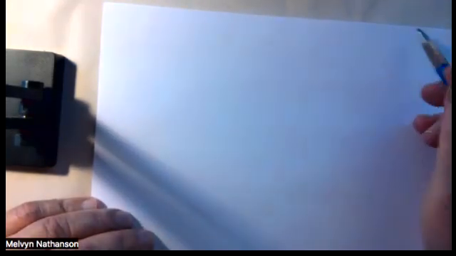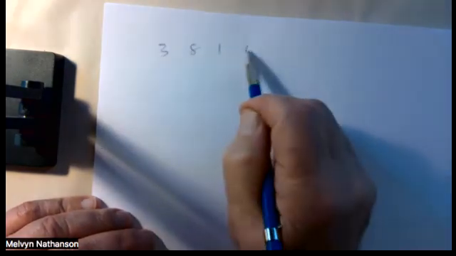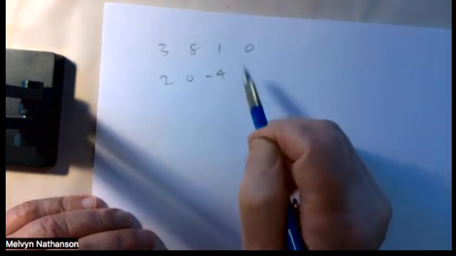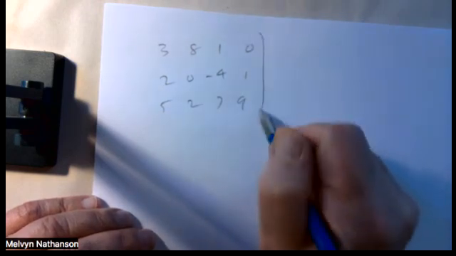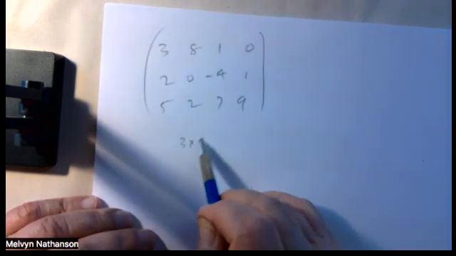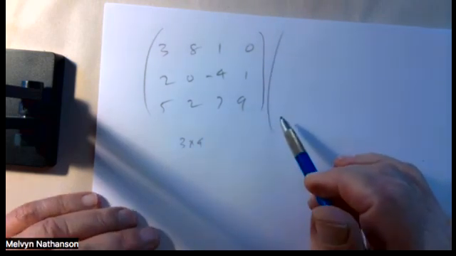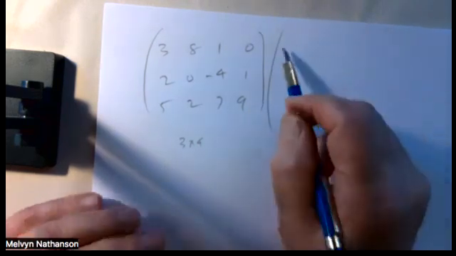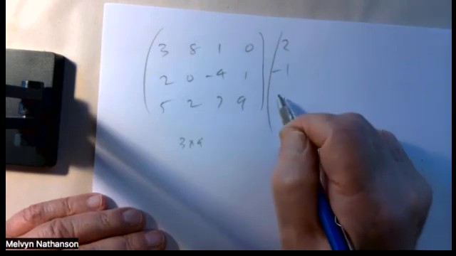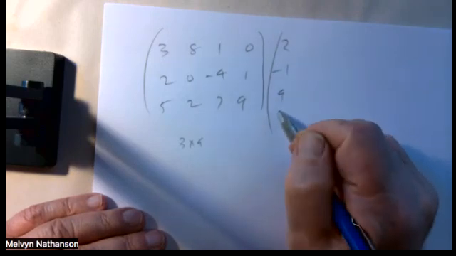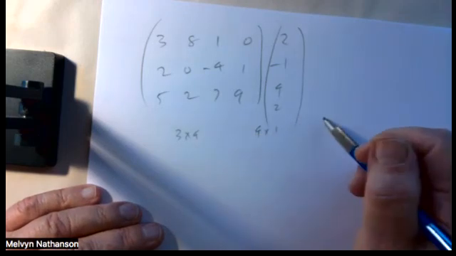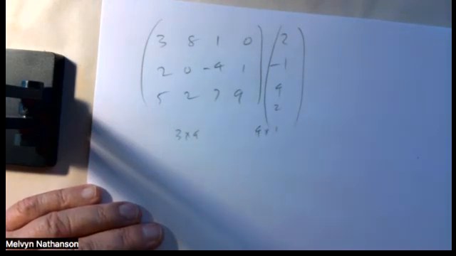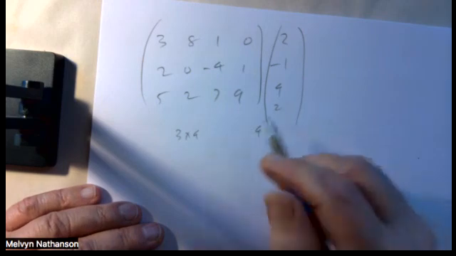Let's take a matrix. So this is a 3 by 4 matrix. Let me multiply it by this column vector, 2, minus 1, 4, 2. So this is a 4 by 1 matrix. And the result will be a 3-dimensional column vector, 3 by 1.